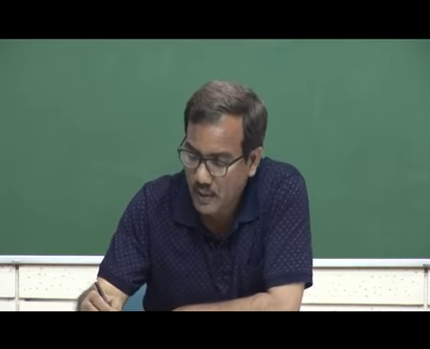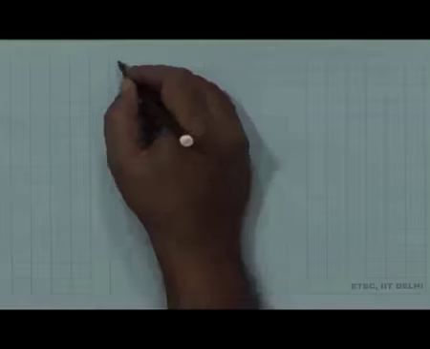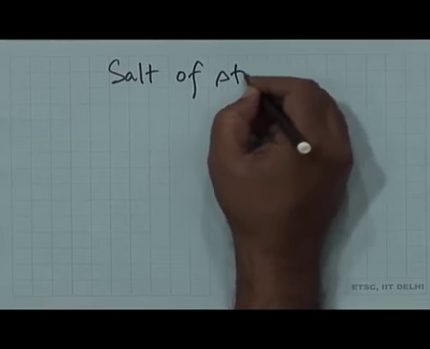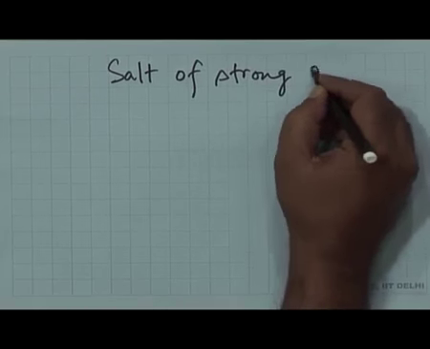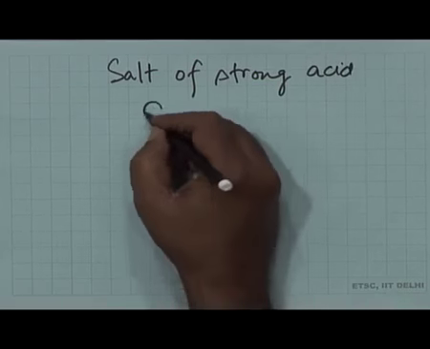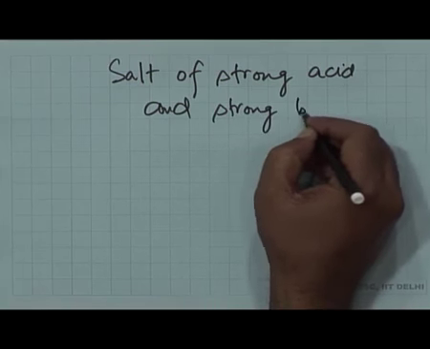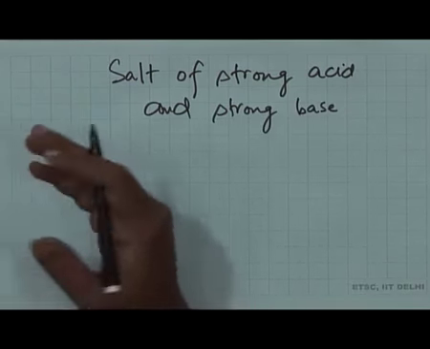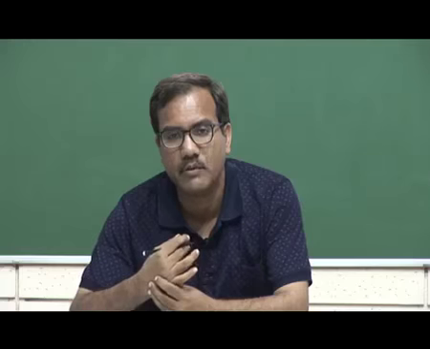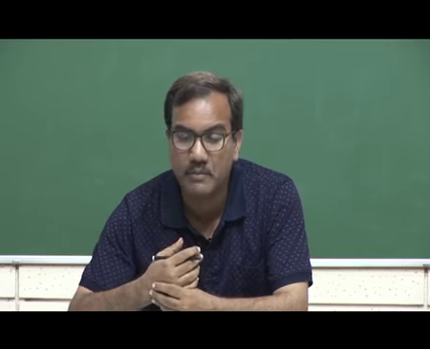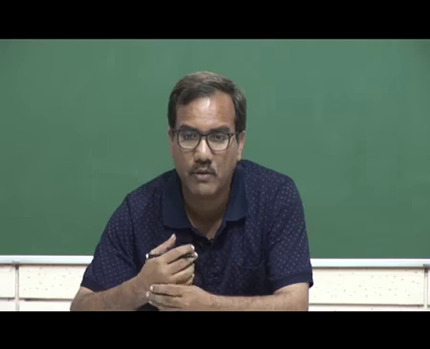So, let us discuss first the salt of a strong acid and a strong base. First we will discuss how they behave, and then we can discuss what the pH of the solution will be if we have a salt of a strong acid and a strong base.